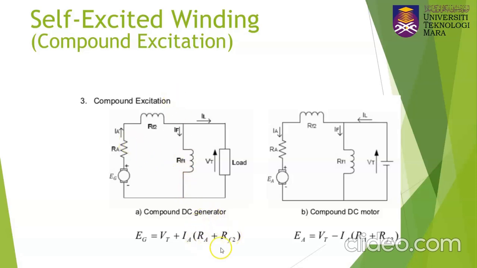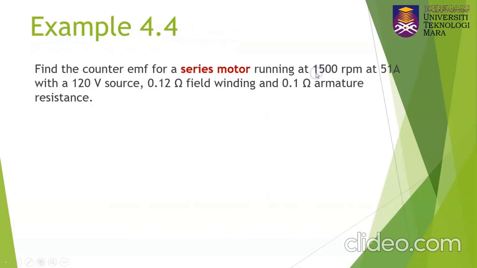For the equation, we only consider the resistors connected in series, RA plus RF2. But for the compound DC motor, the equation will be EA equal to VT minus IA multiplied with RA plus RF2.